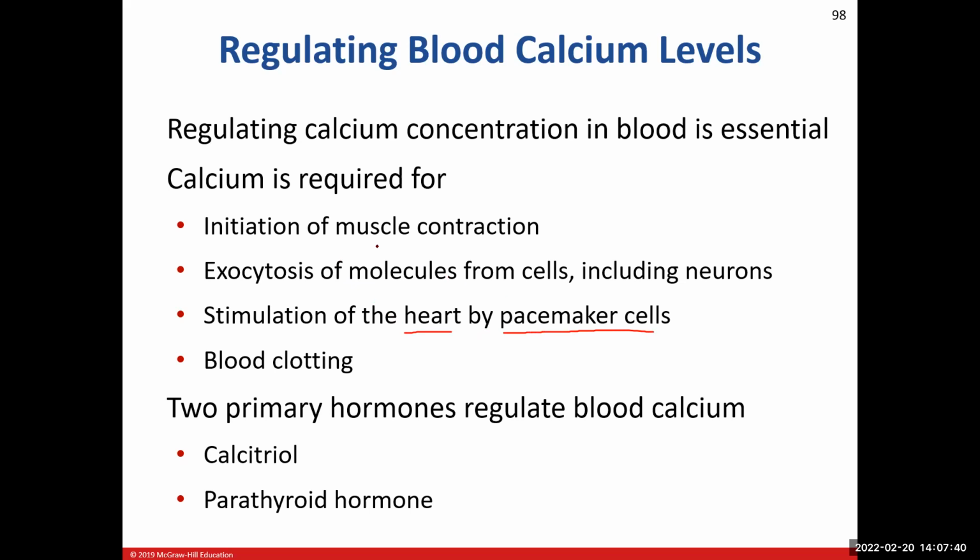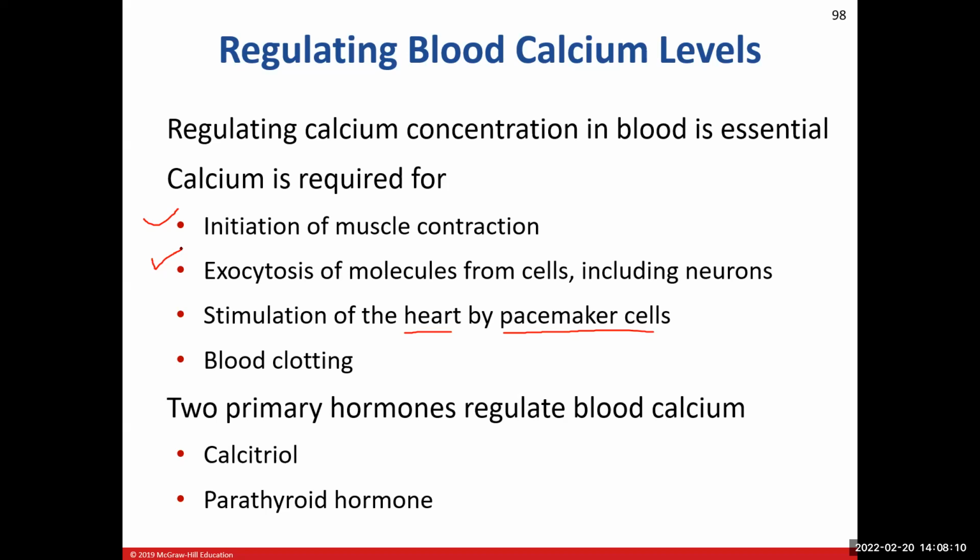So these first two functions we're going to talk about later on this semester. The other two you'll talk more about in 211. So that's why you can see that it's pretty important that we have calcium. So that's why it is essential to regulate the amount of calcium that's in your blood. You want to have enough so there's enough calcium on hand to do these different functions.